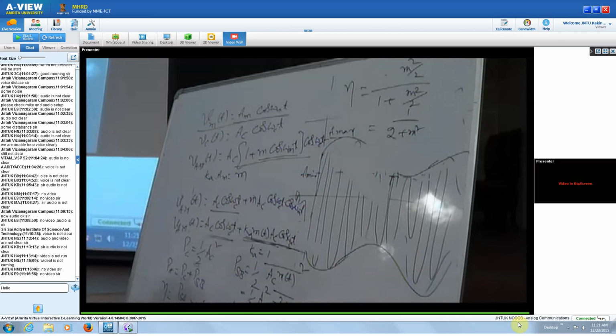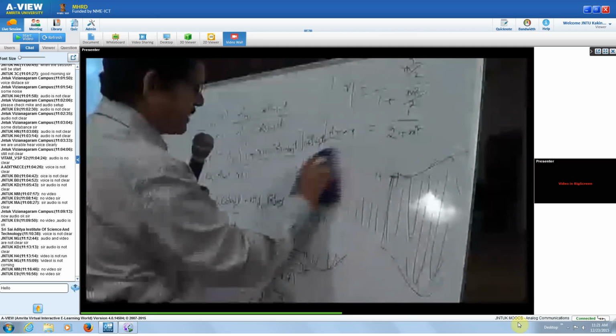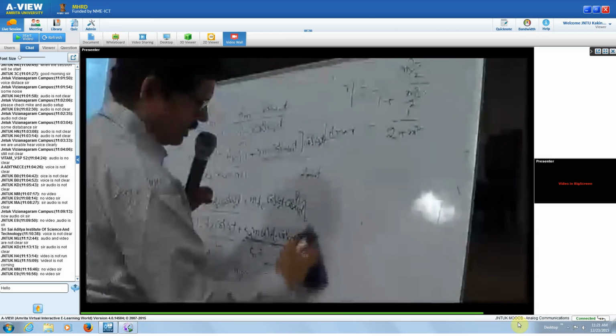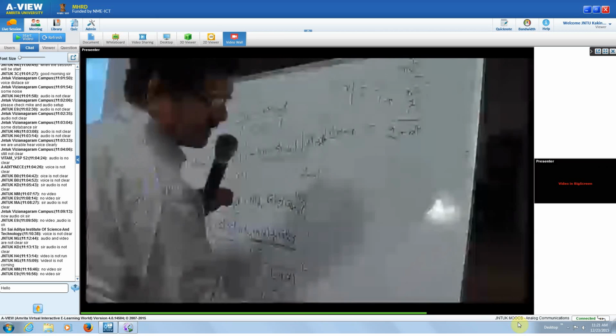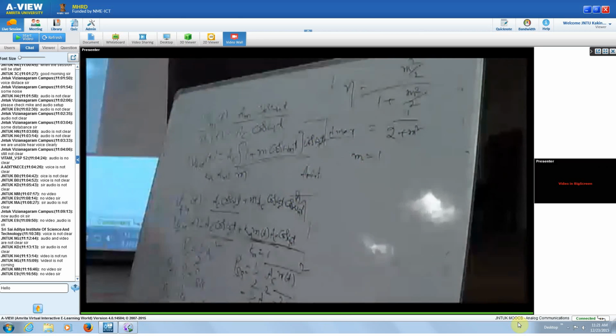Right? Therefore, here we are saying that m is less than or equal to 1, or your k m is less than or equal to 1. Suppose m equal to 1, that is the maximum modulation index, which is 1 or 100% modulation.